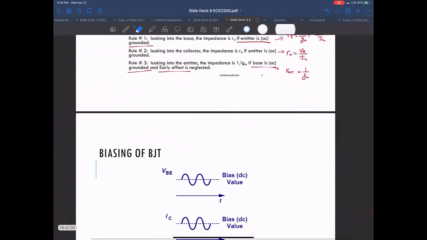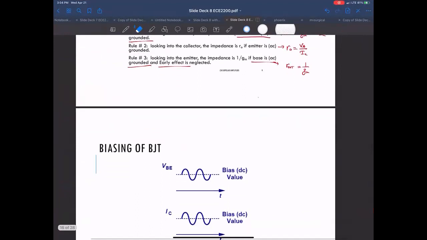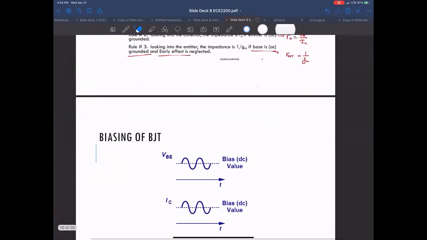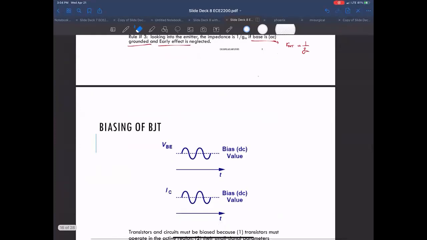We've talked about biasing in the past, and the reason we need biasing is that the bipolar transistor, let's say you're using it in an amp stage like we're used to seeing. I'm going to just throw some values out here. This is V out.